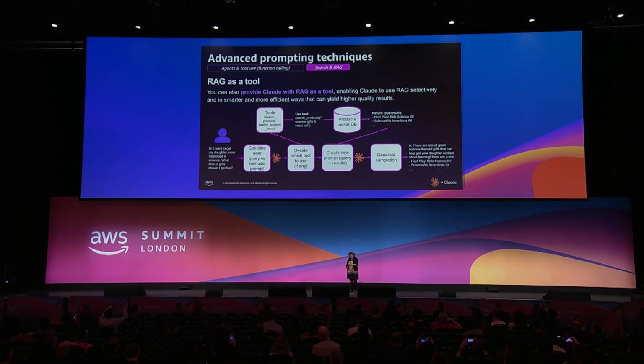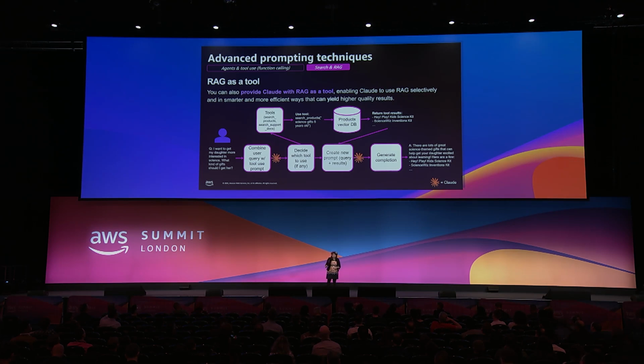You give it to Claude, and Claude decides, based on the question, is there a tool I can use to help me solve the problem? In this case, yes, you can search through the product database. So Claude uses the search products tool with a bunch of keywords that it creates based on what the user question was. You search through the database, and you return the results to Claude, and then Claude can continue from there and give the results to the user.